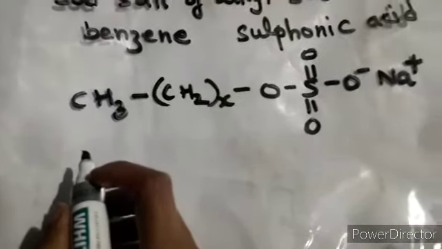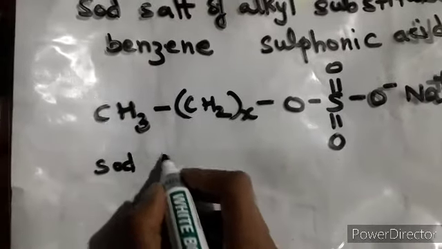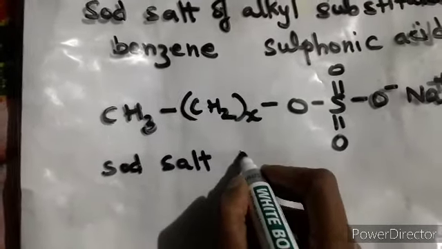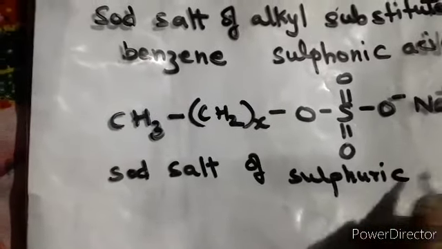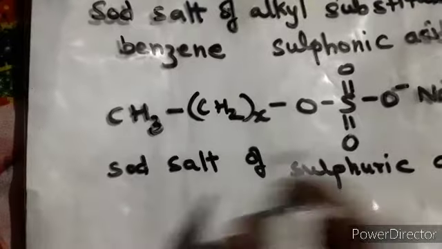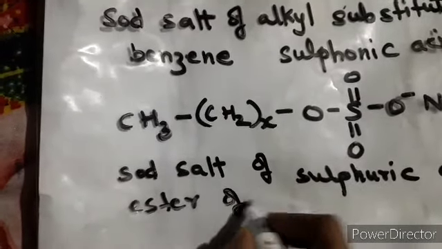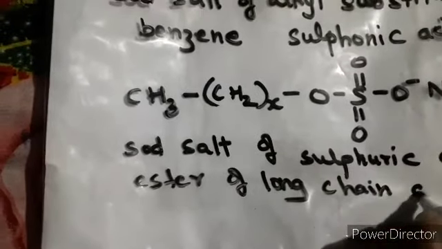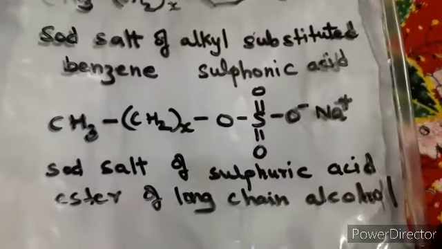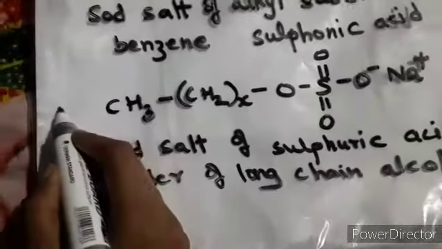So you can see the structure I have written over here, and its name is sodium salt of sulfuric acid ester of long chain alcohol, right? So this is the other example. First example is this one, and second example is this one.